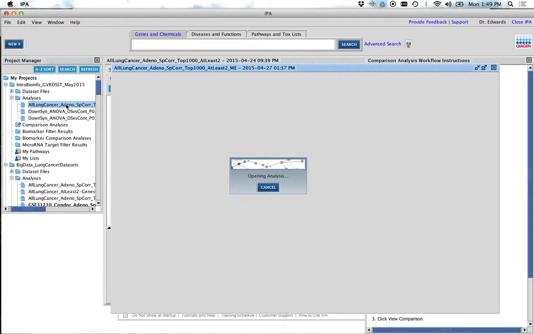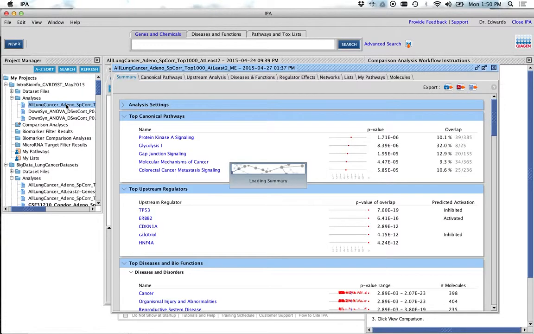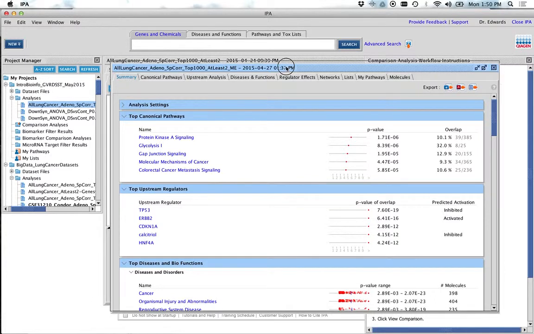Okay, double click it. All right. Oh, wait. It's coming. Has everybody's come up yet? Everybody see this window here?